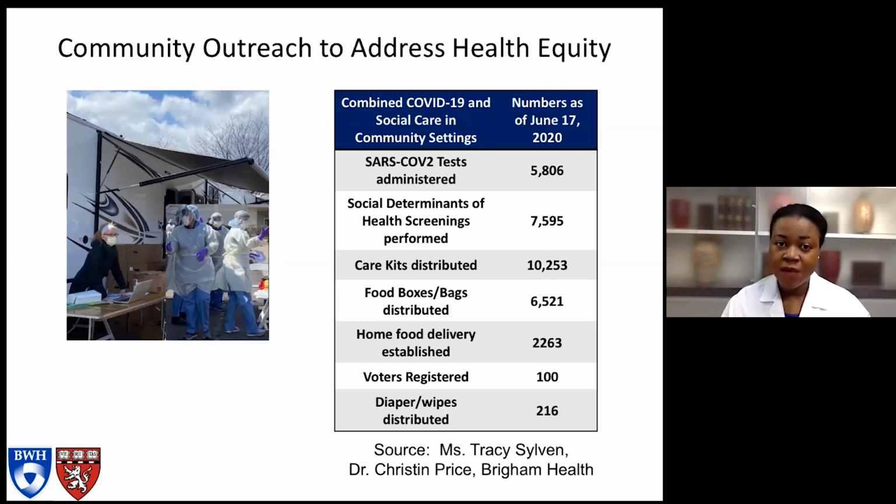What you see in the slide is a photograph of one of the community pop-up testing sites where physicians and clinical staff used a pop-up RV to provide SARS-CoV-2 testing to community residents, and also to provide boxes of food and care kits that had masks and other ways of helping patients to become educated around how to protect themselves from coronavirus.